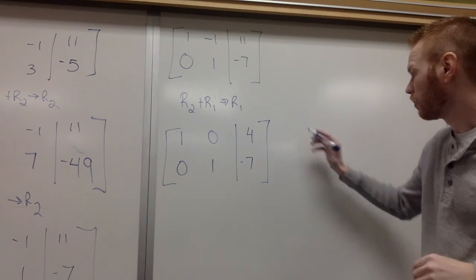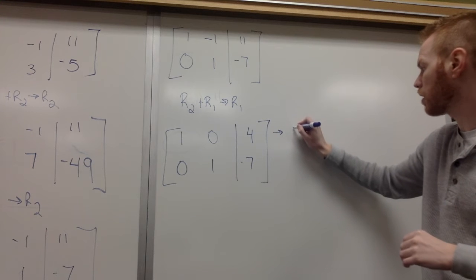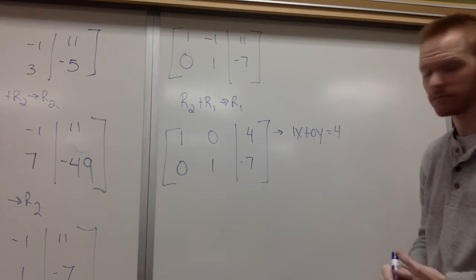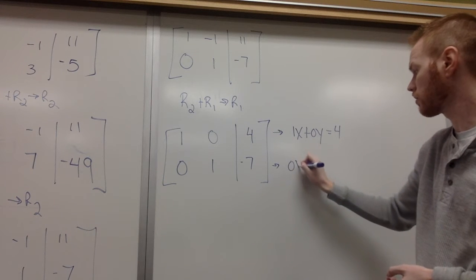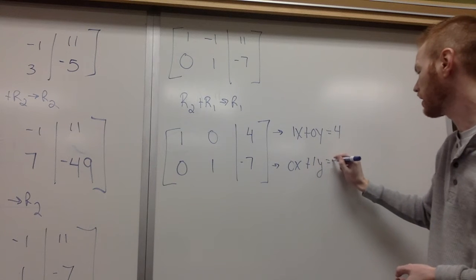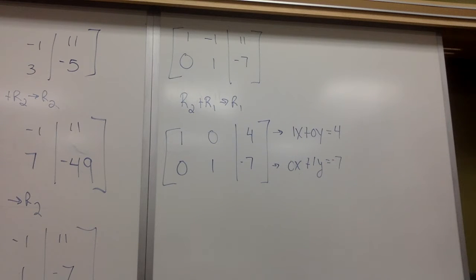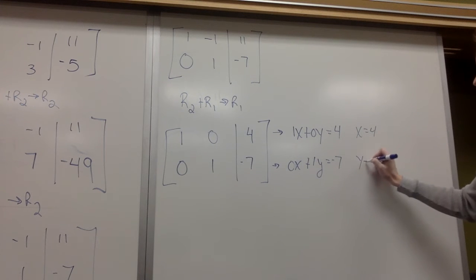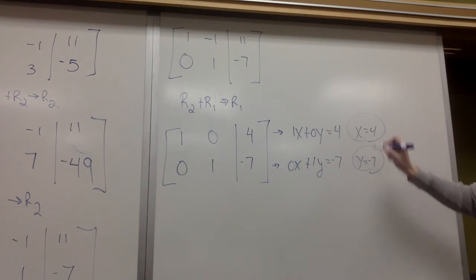So what does this look like? Well, I'm going to translate it to you. So this top row says 1x plus 0y's equals 4. This guy over here says 0x's plus 1y equals -7. So realistically, this is saying that x is 4, y is -7. And we're done.